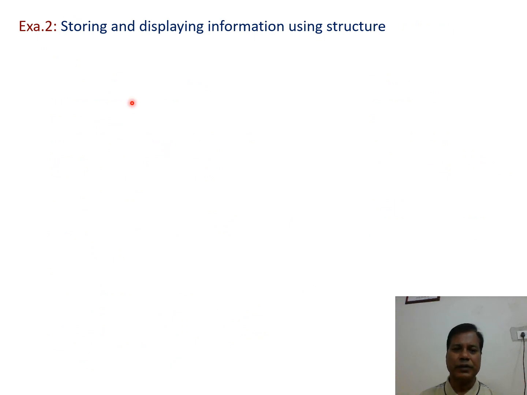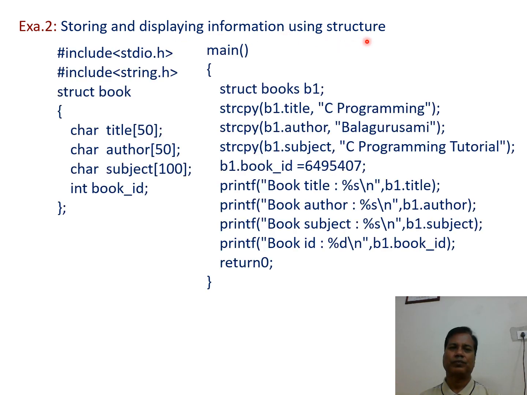Then the next example is storing and displaying information using structure. So this is the example program. In this example program, as we are using the functions used for string operations, we include the string.h header file in addition to the standard input output header file.